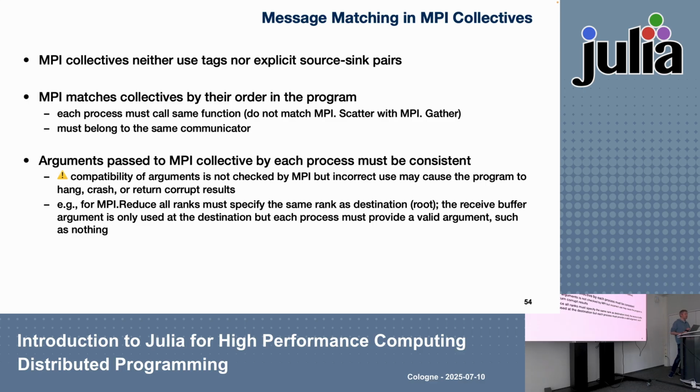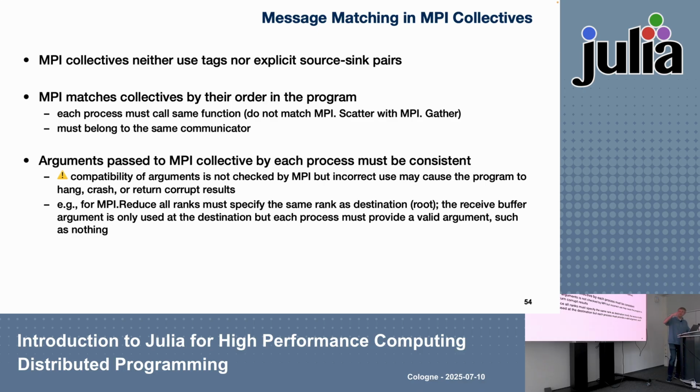So we've seen this matching of the point-to-point communication functions, which is useful because there could be different orders of sending and receiving for the different ranks. For collective functions, it is expected that the order of these collective functions is the same for all of the ranks, because it also functions as a synchronization point.